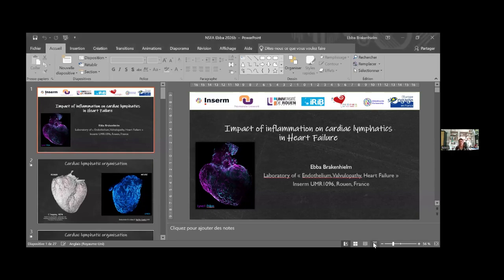Would you now consider impaired cholesterol clearance as a primary driver rather than a secondary consequence of lymphatic dysfunction, based on your data? But in which setting? I mean, in general, because you have a problem of cholesterol clearance in both atherosclerosis and in lymphedema.